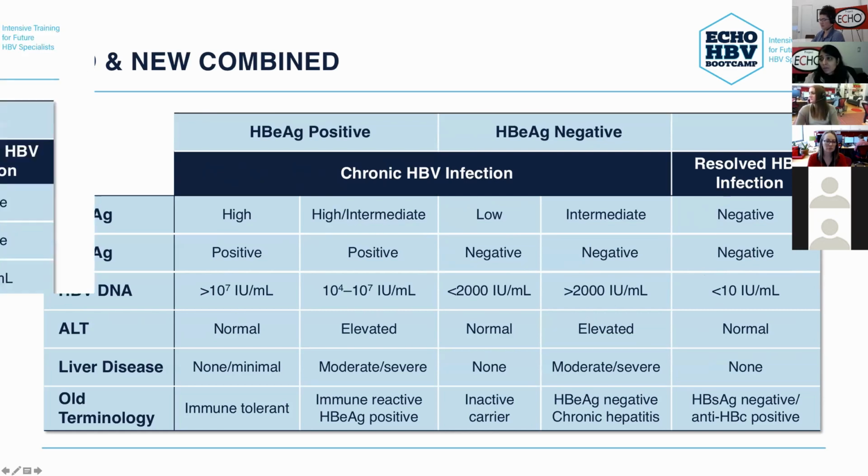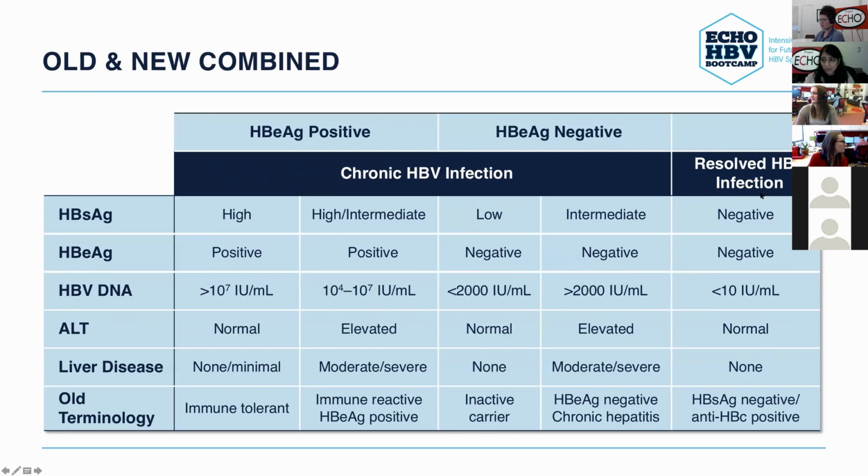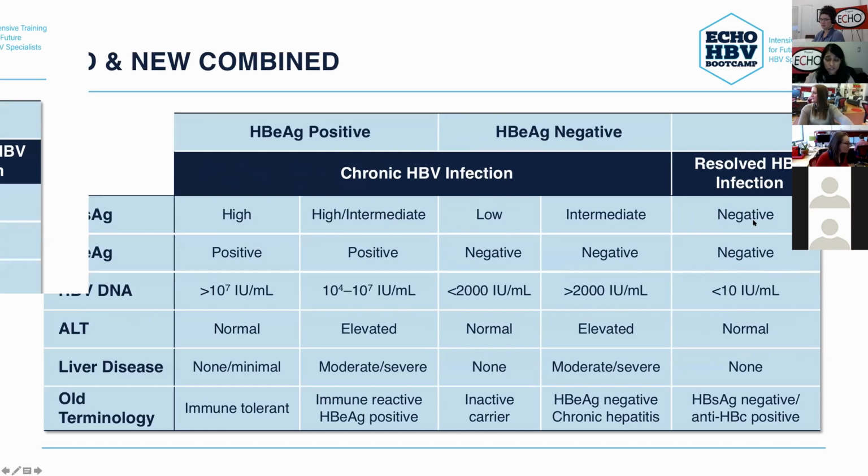And then what things to be on the lookout for, because in terms of resolved Hep B infection, we've included a column here to the right. So certainly once you've lost surface antigen, which there is a chance of doing spontaneously, and some treatments also increase your chance of surface antigen clearance.